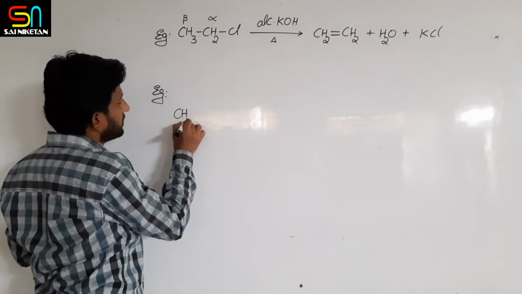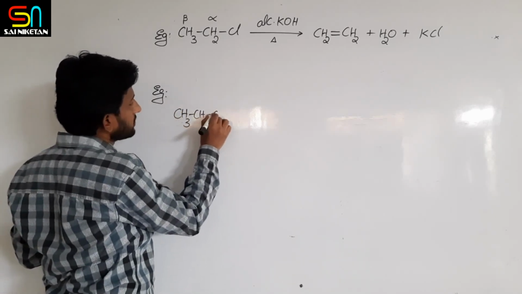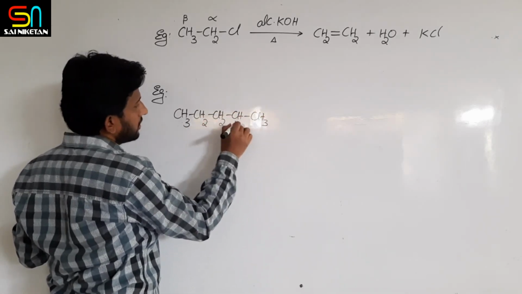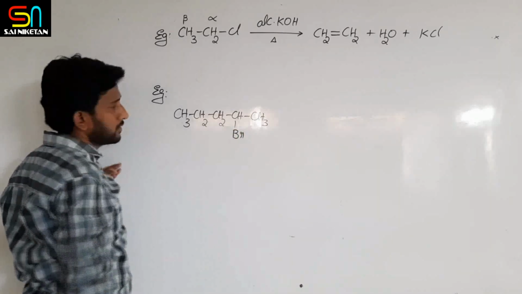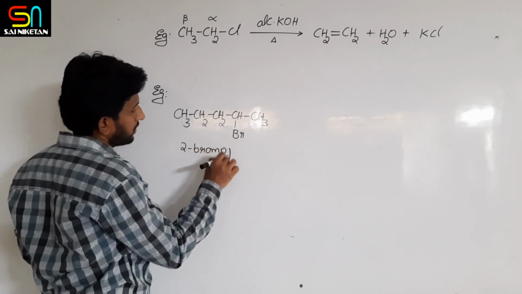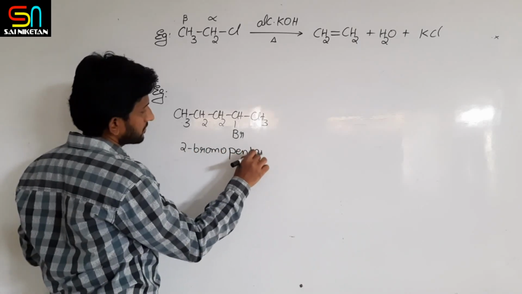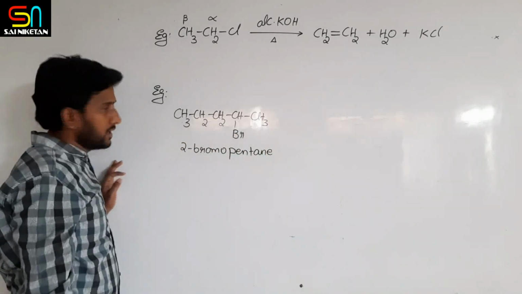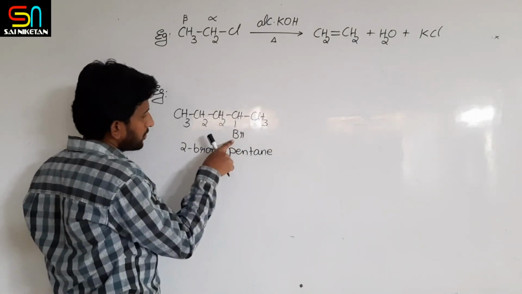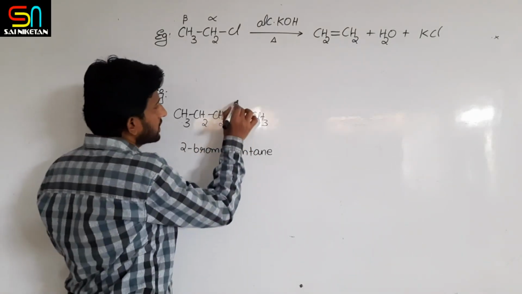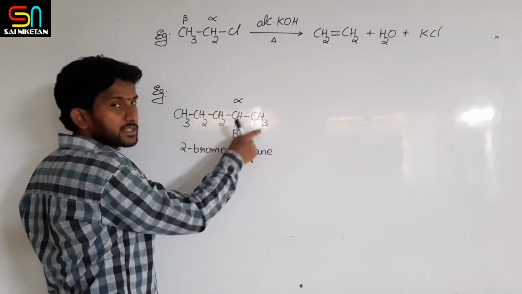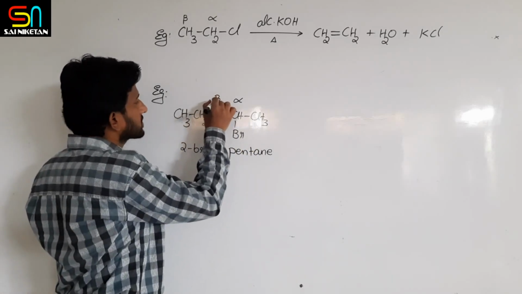You see, for example, I am taking here 2-bromopentane. Now this molecule, on this carbon bromine is attached, so this carbon becomes alpha, and alpha carbon's adjacent carbons are called beta carbons.